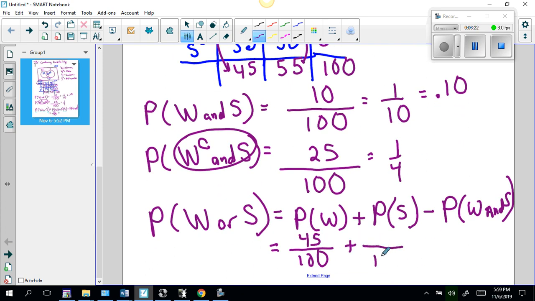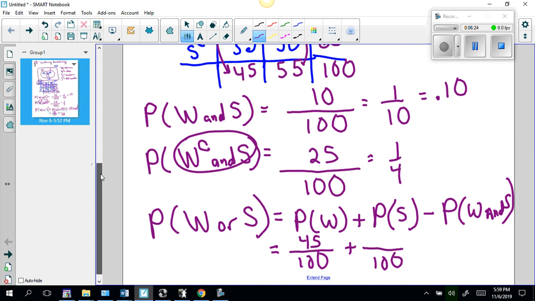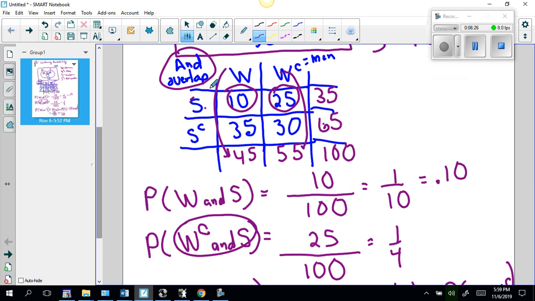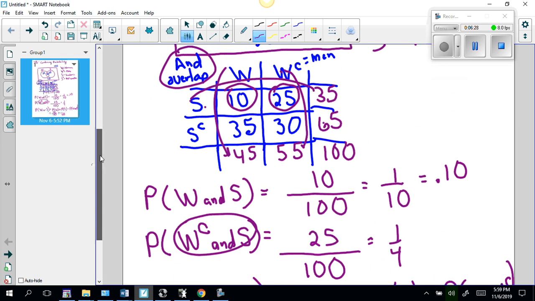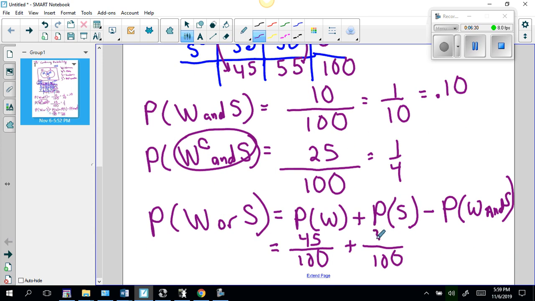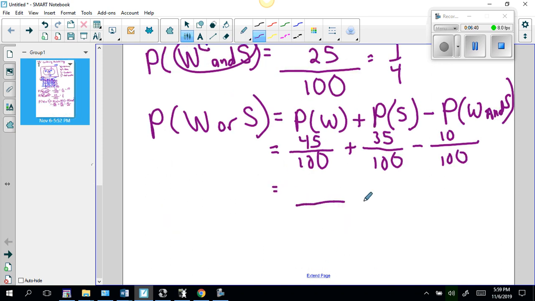Plus the probability of being a smoker is 35 out of 100, minus probability of being a woman and a smoker. We already did that. That's 10 out of 100. And since it has the same common denominators, you get 80 minus 10 is 70, or 7/10, or 0.7.